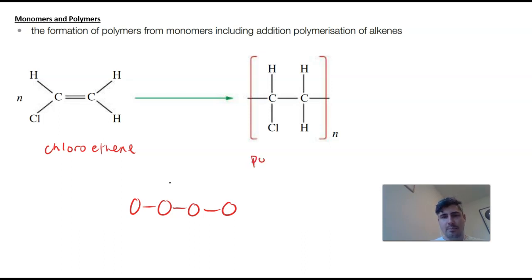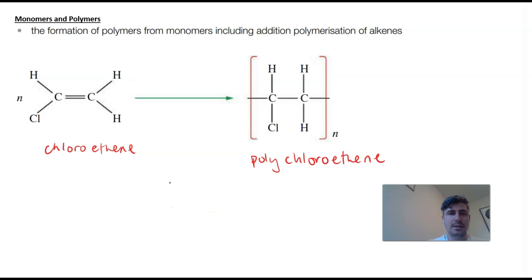And now we have polychloroethene. Pretty straightforward, really, the naming of it. The way this happens is that one of the carbon-carbon bonds breaks, and it forms a bond with another monomer along, and this effectively chains them together.